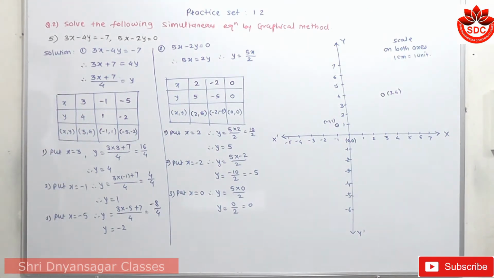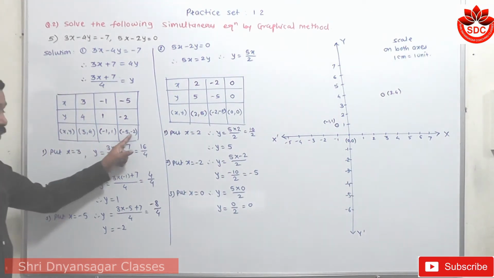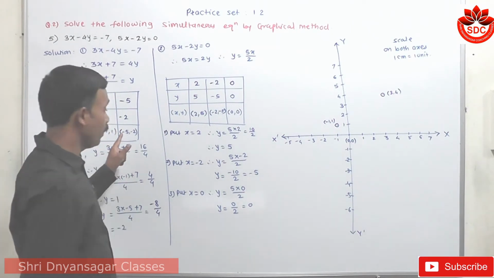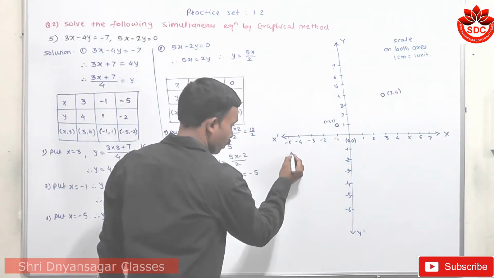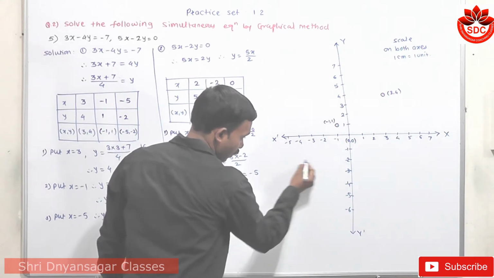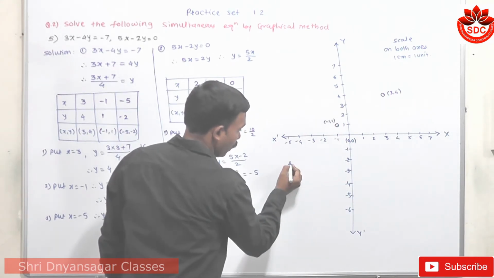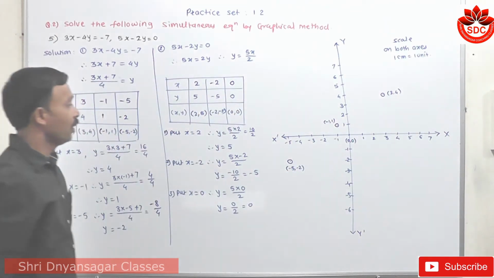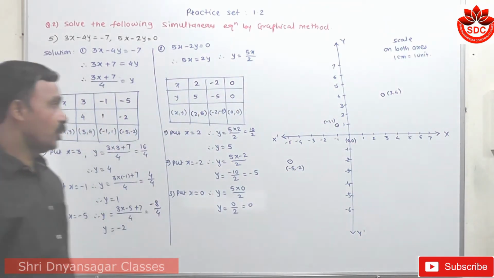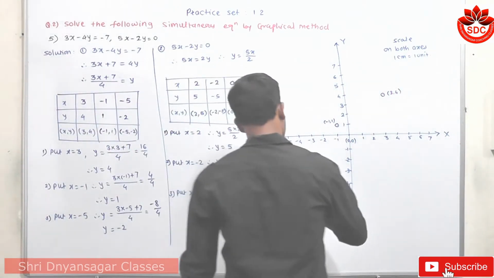The next one is minus 5 and minus 2, which lies in the third quadrant: minus 5 first and then minus 2. You have to write the coordinates also, minus 5 and minus 2. Now join them using the scale.